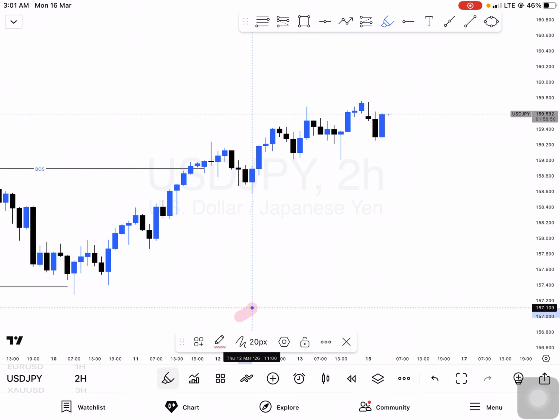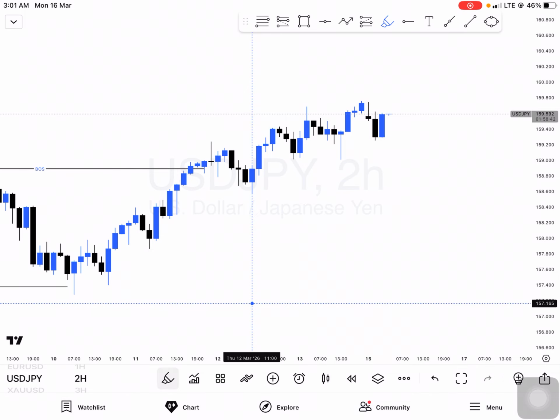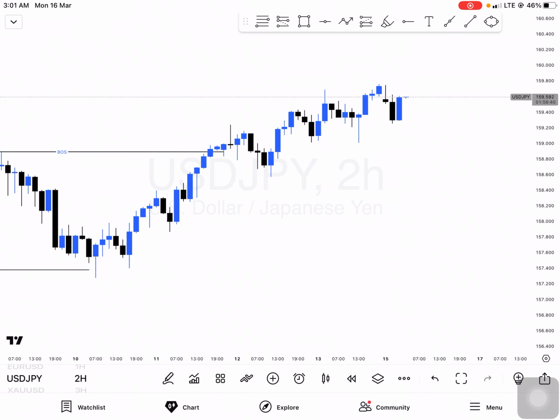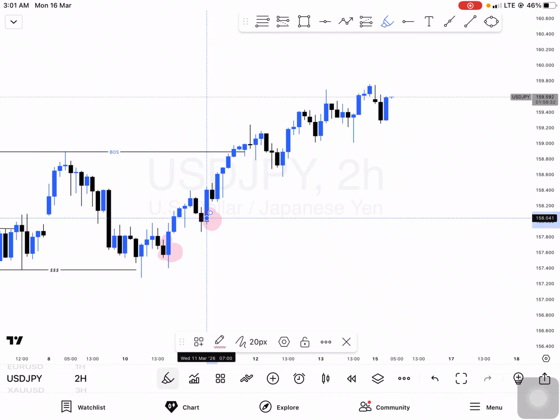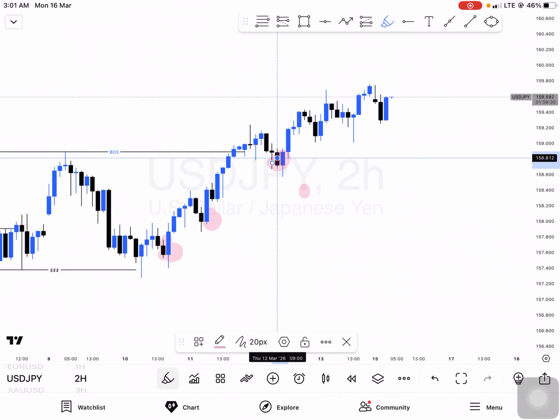Coming into the 2-hour time frame, what do you see? The market is still presenting to us no valid order block. We have this and this, but I'm not seeing any one of them to be valid yet.